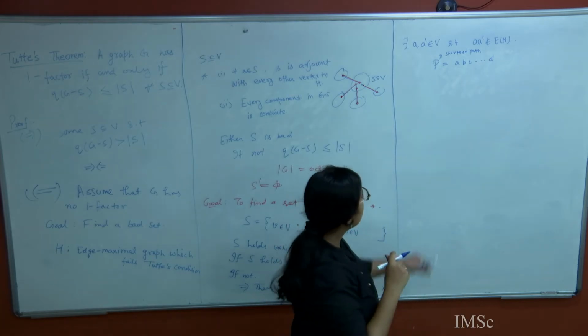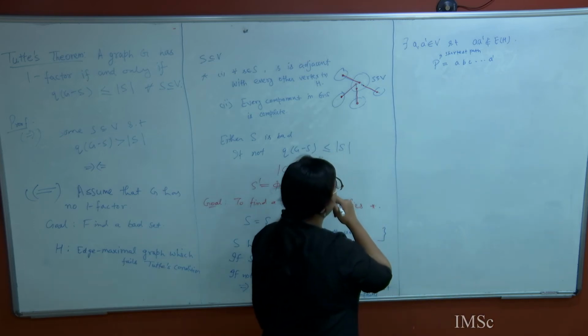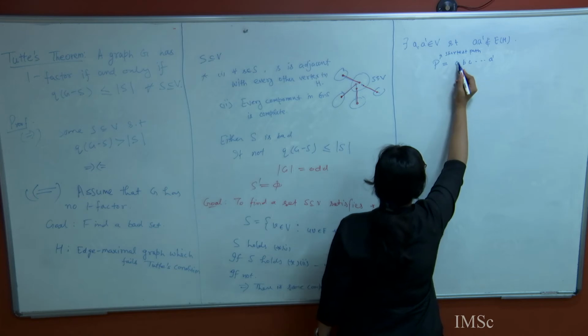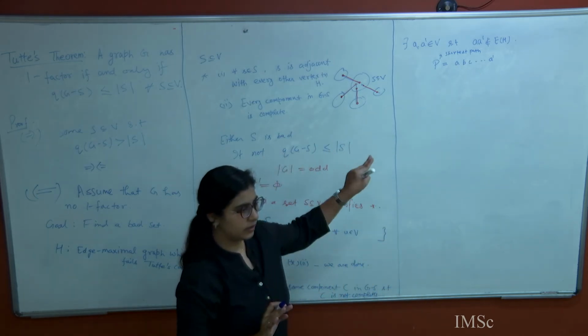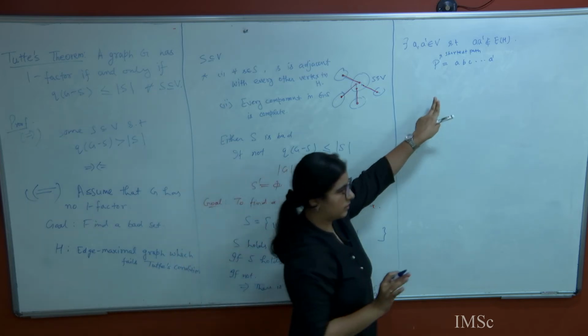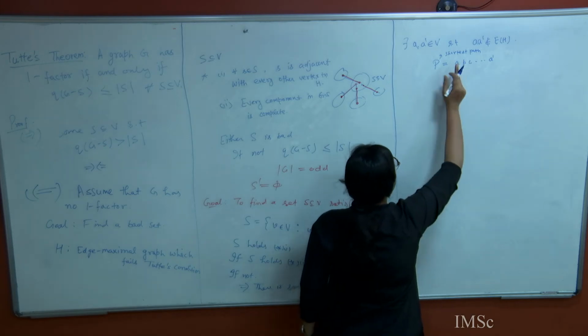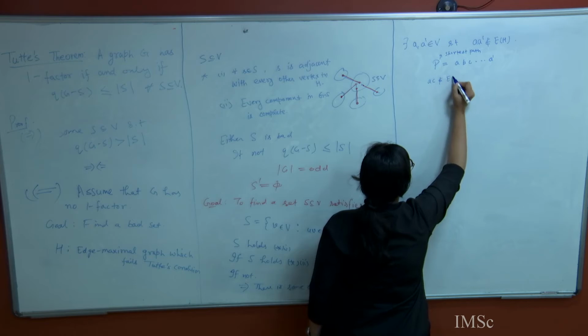Okay, so this is my shortest path. Now AC is not an edge in the graph, because P is shortest, so AC is not an edge.